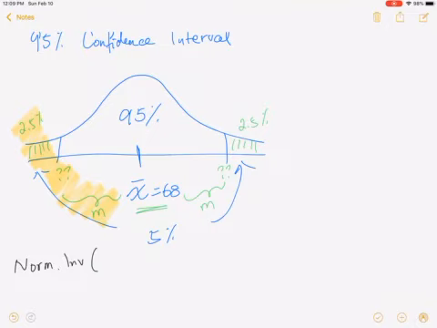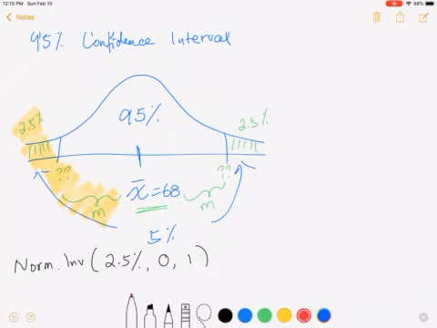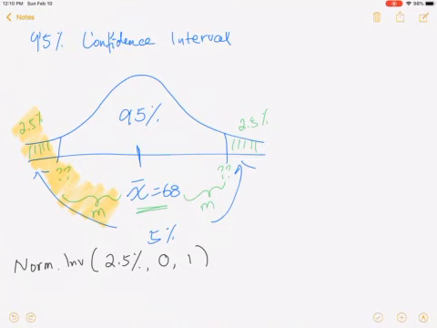The percentage is 2.5%, and then the mean is 0, and then the standard deviation is 1. And then cumulative. Actually no cumulative, we do not need that portion. So if I want to look for this particular side, then I have to do norm inverse.